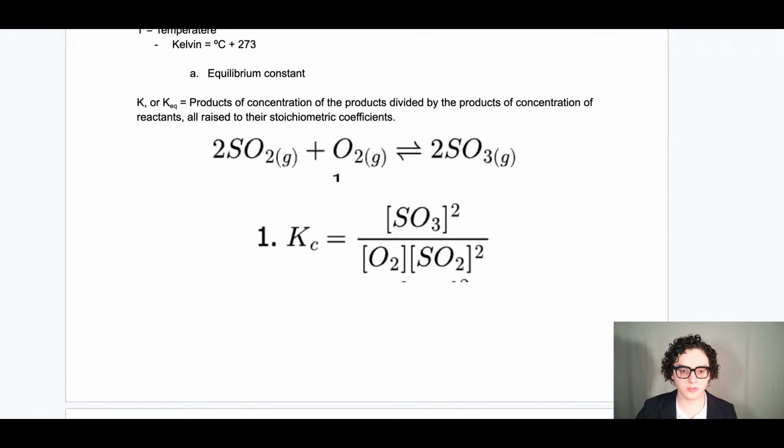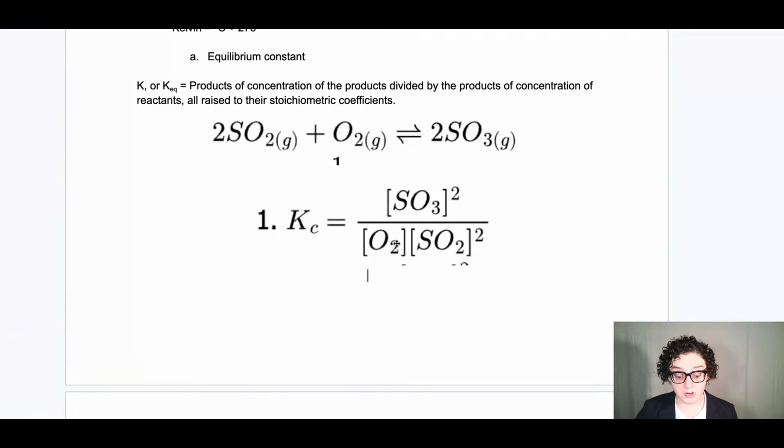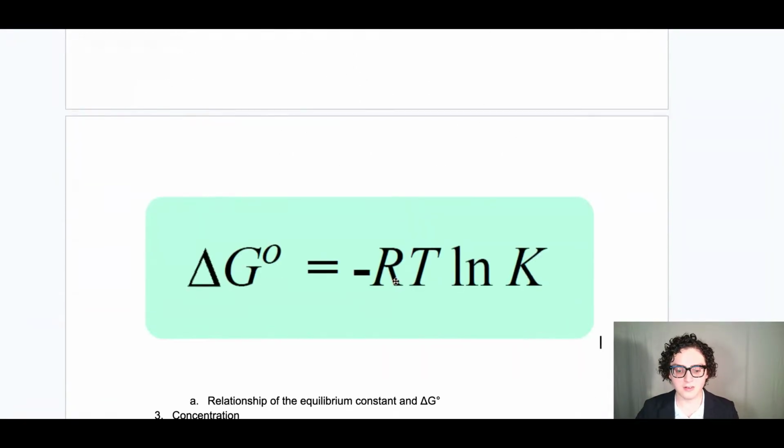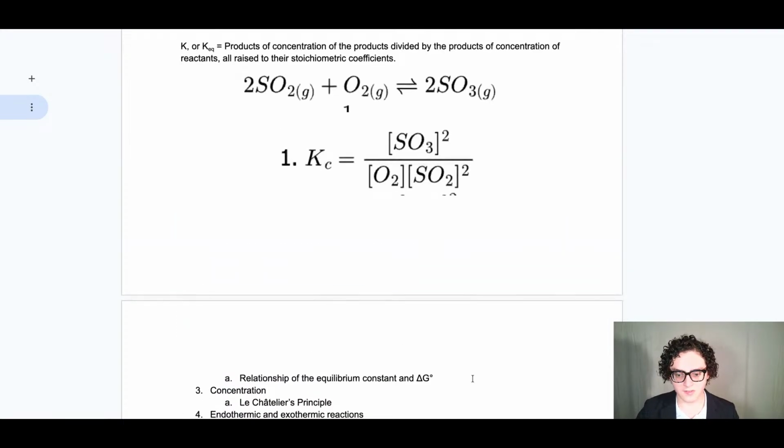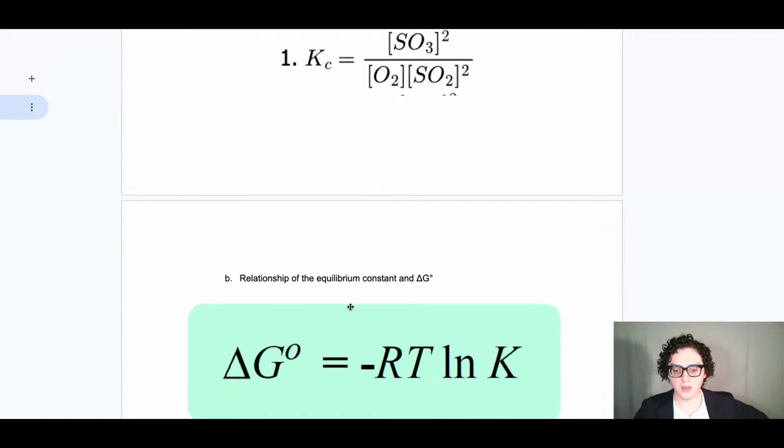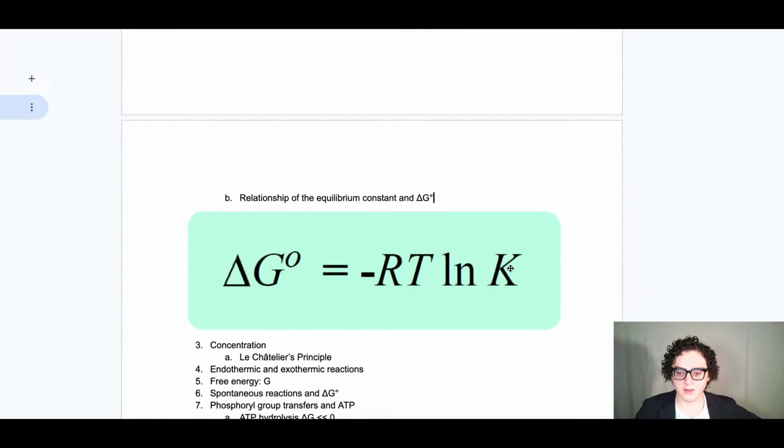This time we're going to go straight to Google Images so that we don't get any nasty equations from that free textbook, because its figures are pretty awful. Okay, here is the equation, the relationship of the equilibrium constant K and delta G.